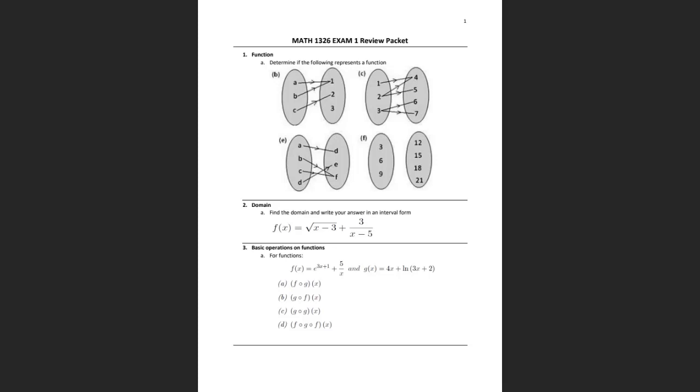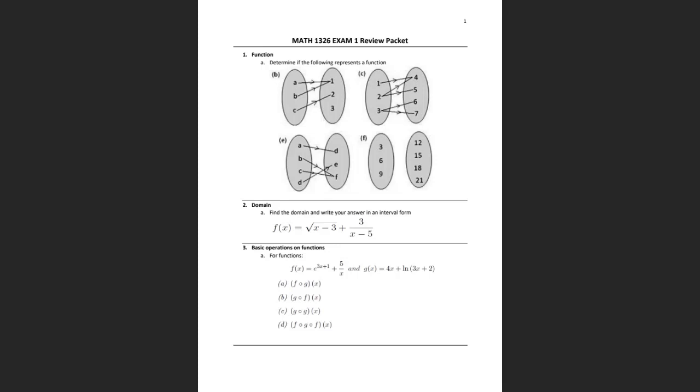So it'd be e to the 3 times that plus 1 plus 5 over 4x plus natural log 3x plus 2. Okay, that's good. Thank you.